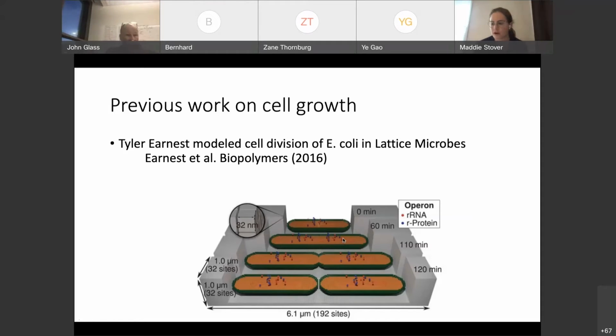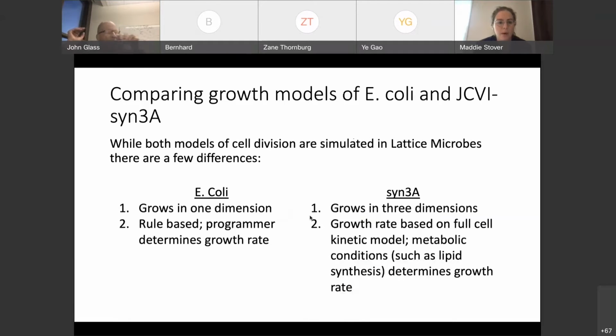Here it's 2.4 micrometers, and the cell volume grows constantly throughout the cell cycle at an exponential rate, whereupon it divides into two daughter cells of the original length of this original E. coli, so 2.4 micrometers.